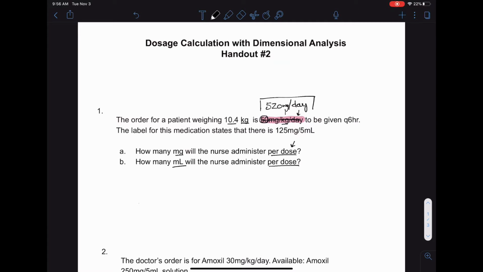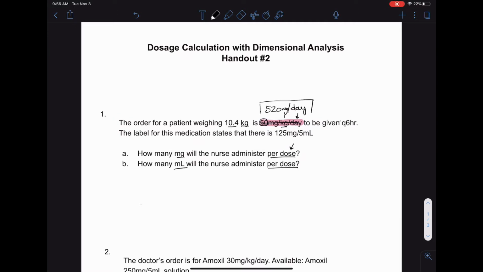That's our order, to be given every 6 hours. So how many milligrams will the nurse administer per dose? Well, this tells us per day, and we give it every 6 hours. One mistake students make is that they take 520 and divide it by 6, but that's not right.